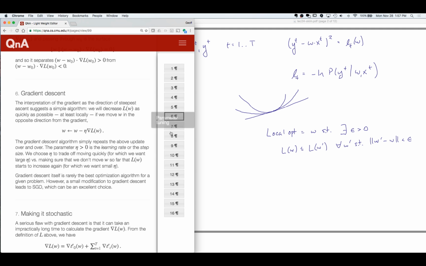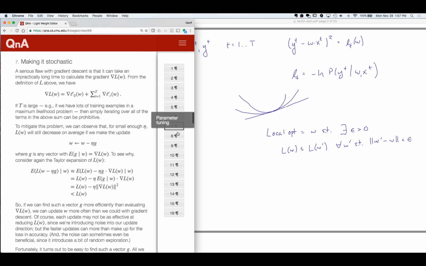Now, the reason that gradient descent is not a good idea is that it could take a really long time to evaluate the gradient, right? If you remember, the definition of L was L0 plus the sum of the little Lt's. So the gradient of L is the gradient of L0 plus the sum of the gradients of the little Lt's.